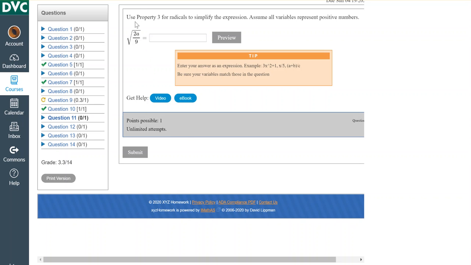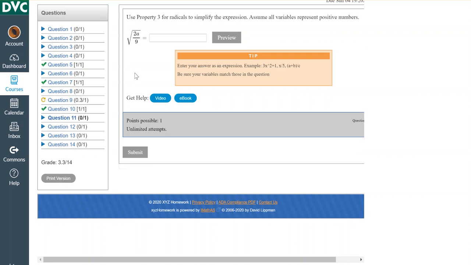Alright, so in this video we're going to talk about property 3 in your textbook. I'm going to refer to it as a quotient property for radicals, and that's going to allow us to do problems 11 through 14. In question 11, we're asked to simplify the square root of 2a divided by 9.